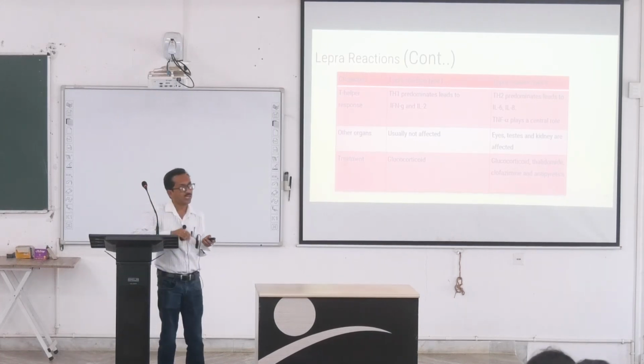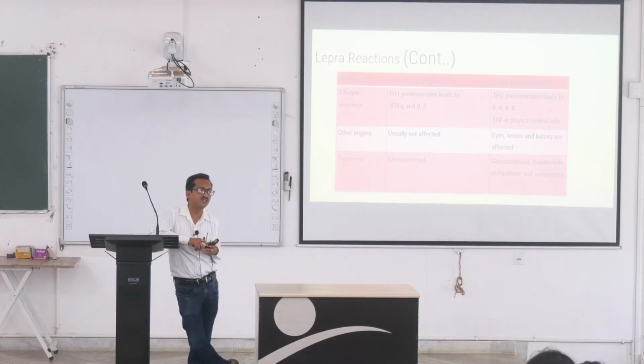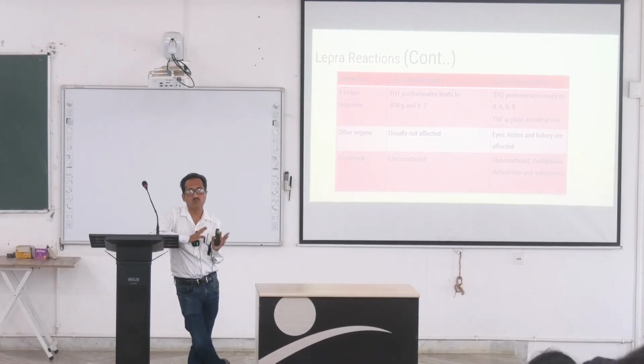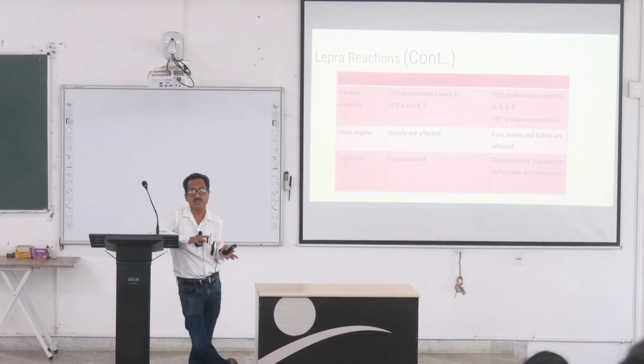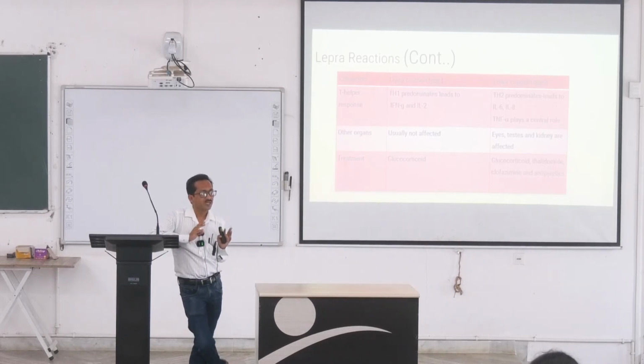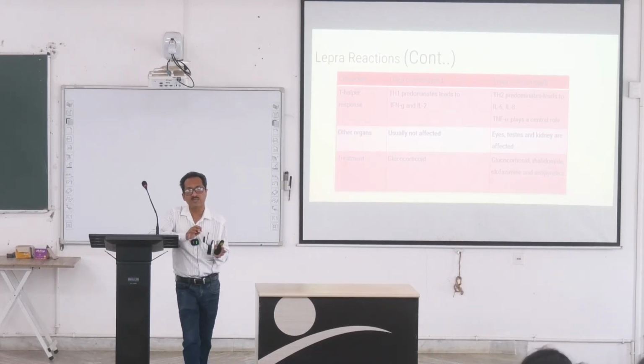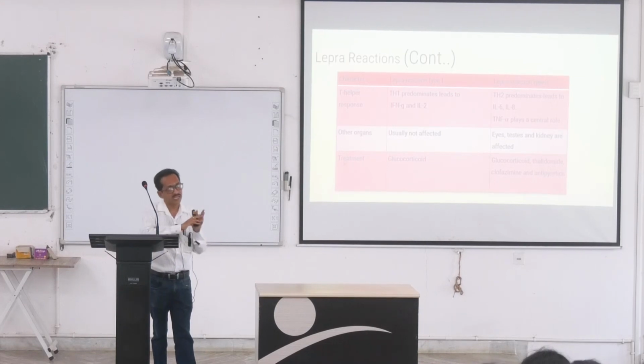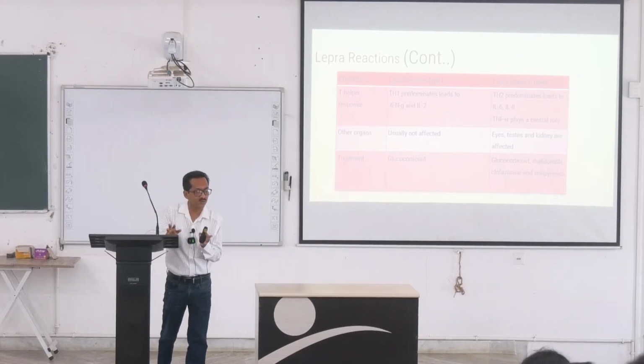Can anybody tell which interleukins are called inflammatory interleukins or pyrogenic interleukins? Which interleukins are inflammatory? 1, 6 and 12 are commonly included in the inflammatory interleukins, so they lead to an increase in the inflammation.